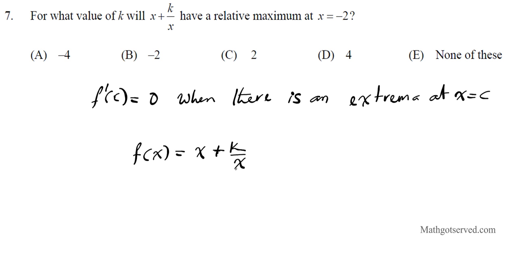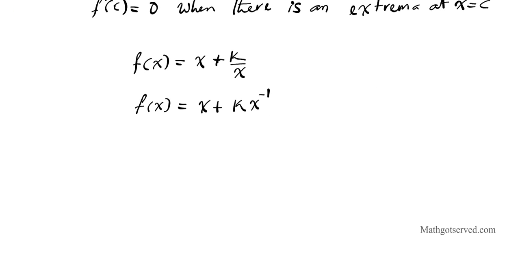It has the x in the denominator. So this would be a good case where we can rewrite it to make it easier to find the derivative. I'll rewrite this as f of x equals x plus, using the law of exponents, kx to the -1. Now we can find the derivative using the power rule with ease.